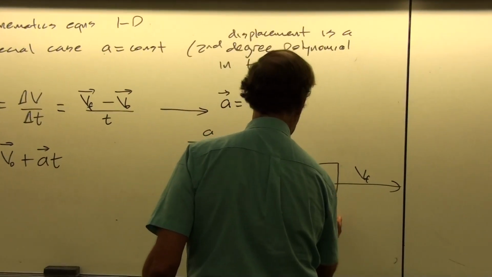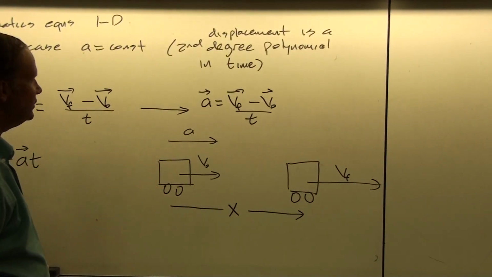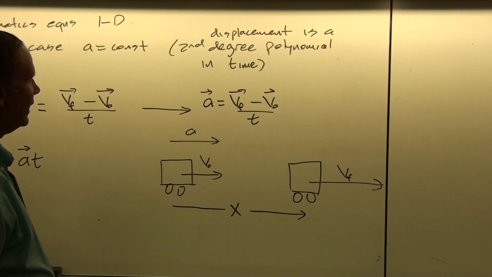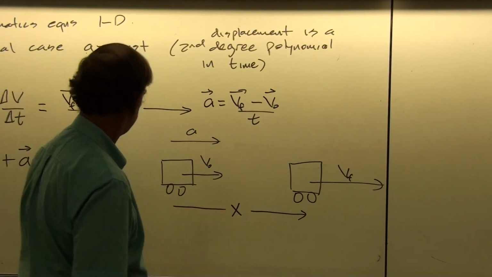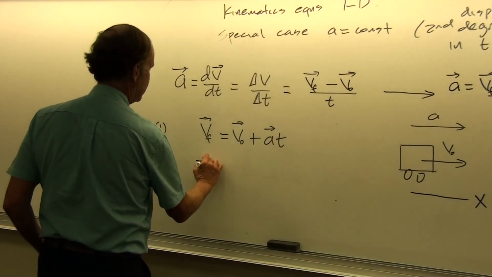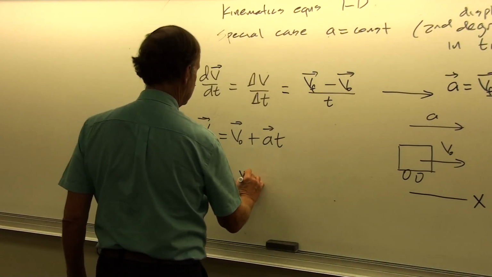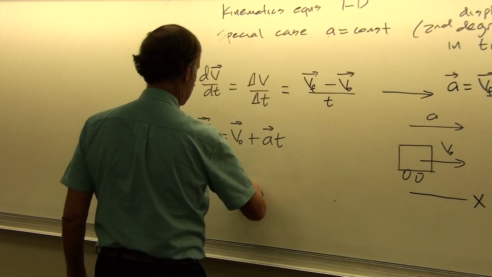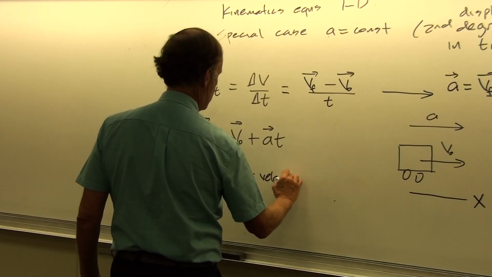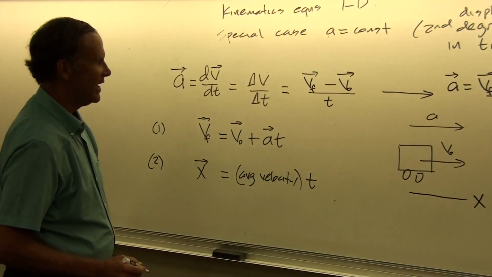So in this next example, basically what I want to do is just use the fact that average velocity times time equals distance. So distance then, or our displacement vector, is going to be equal to average velocity times the time over which the acceleration is acting.